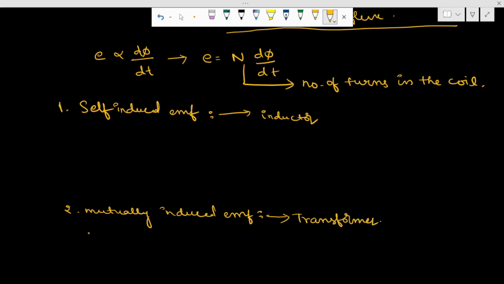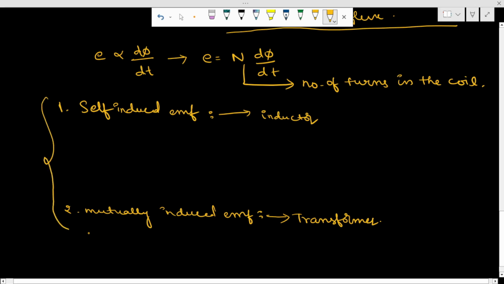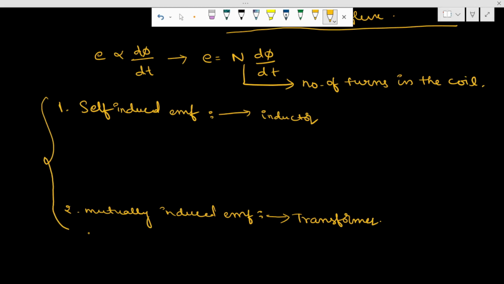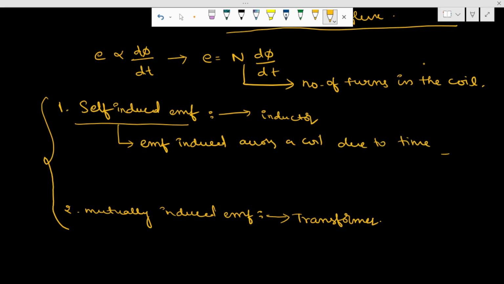In the transformer video, we will describe briefly about the self-induced EMF and the mutually induced EMF. But now let us see what is self-induced EMF and what is mutually induced EMF. Self-induced EMF is the EMF induced across a coil due to time varying flux produced by the same coil current.